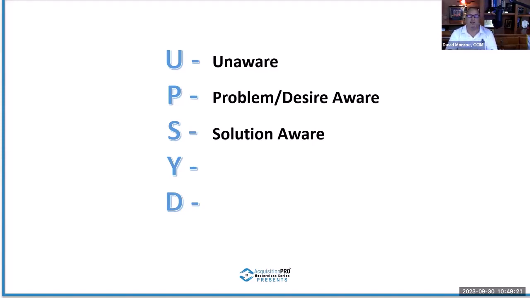Okay, so if they're passive investors that know that they can passively invest in real estate or multifamily real estate, they still don't know who you are, but they're actively looking for ways to put their money into a deal. They are solution aware. With solution aware, those are your conversion objective group.